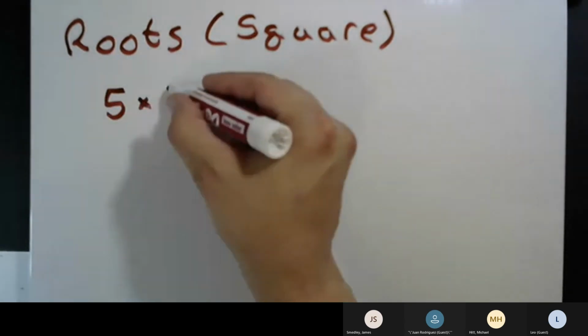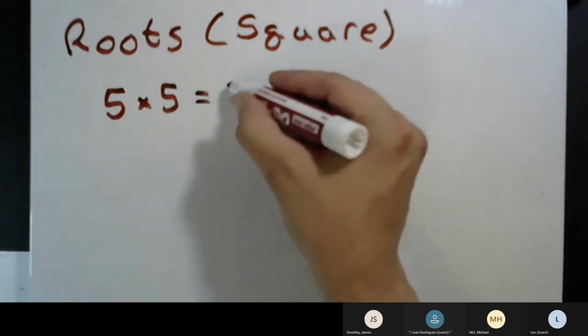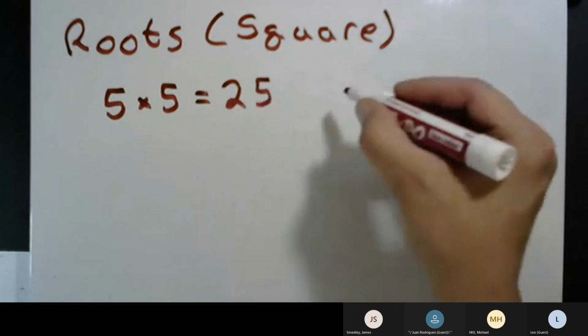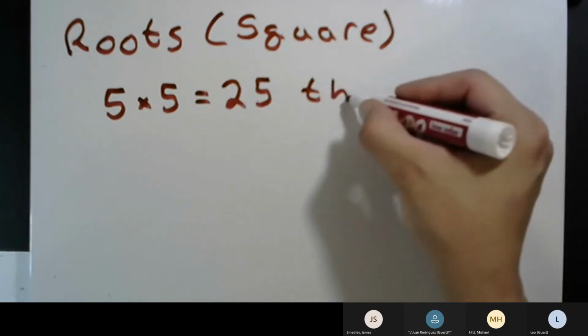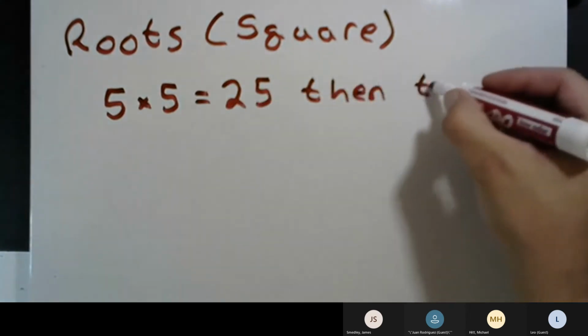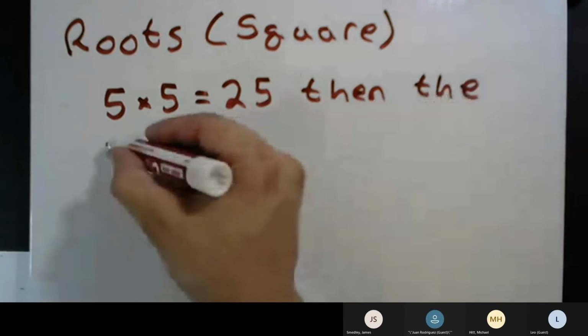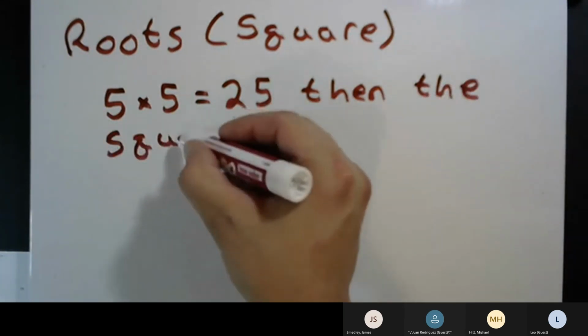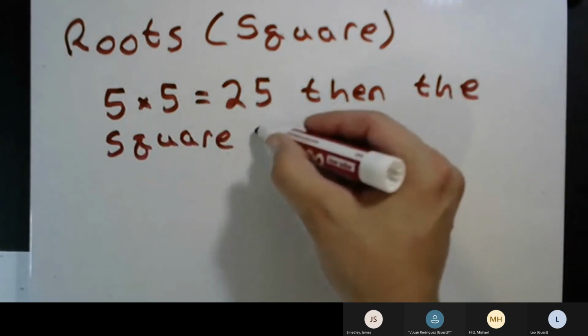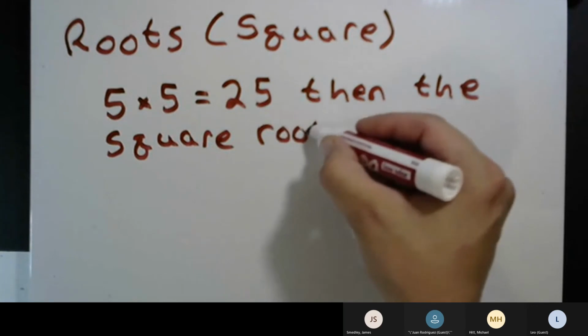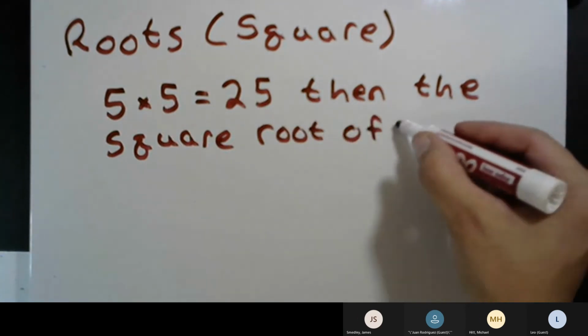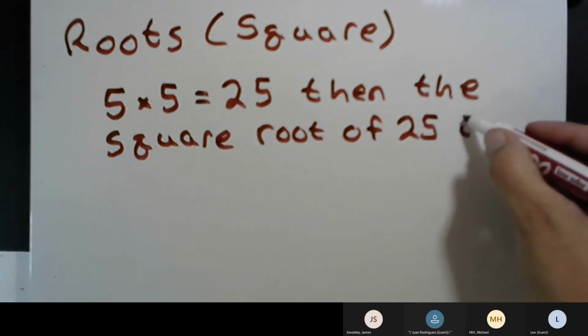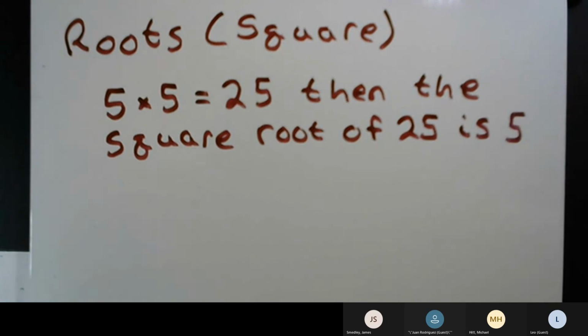Because 5 times 5 is 25, then the square root of 25 is 5.